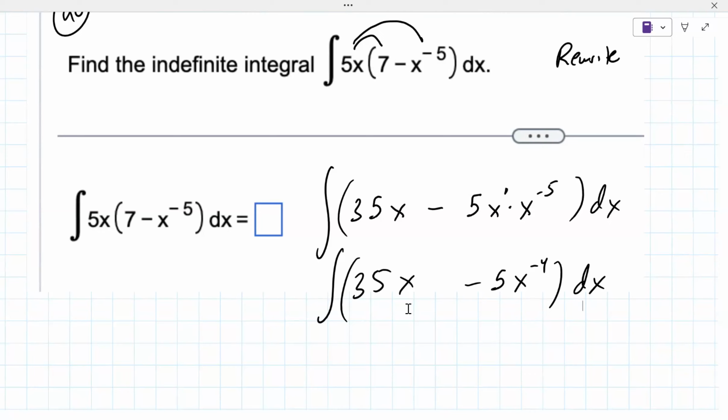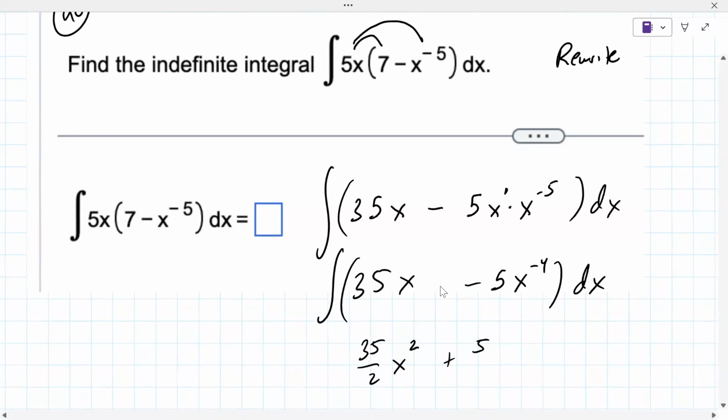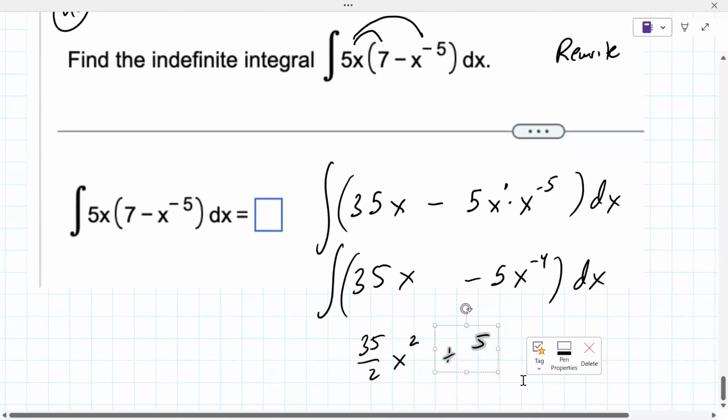Would it be 35 over 2x squared plus 5 or negative 5 would be... Why don't you fully simplify this, then give me your answer, because yes, there's some sign things going on. We can work it out.